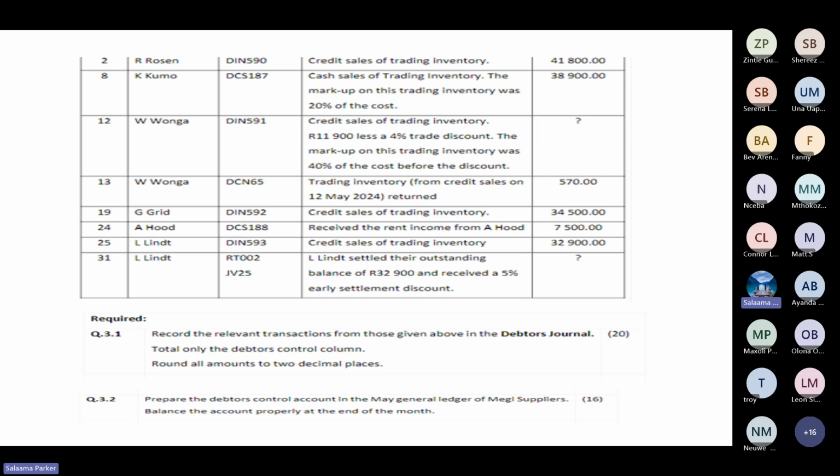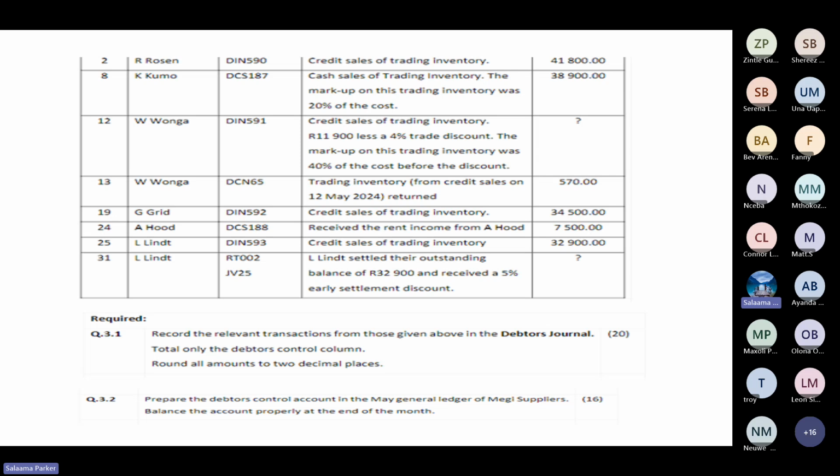Here specifically, we only wanted you to record the duplicate invoices, okay? But the other transactions, why they gave you all those other transactions is because you need to use those transactions to prepare the debtors control account in the general ledger.